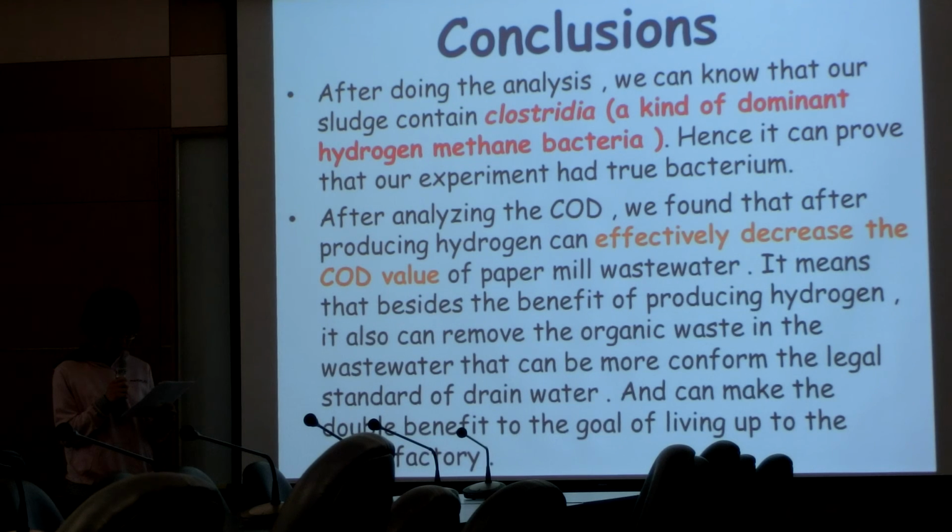It means that besides the benefit of producing hydrogen, it can also remove the organic waste in the wastewater so that it can better conform to the legal standard of drinking water, and make the double benefit toward the goal of living up to the green factory. Thank you for listening.